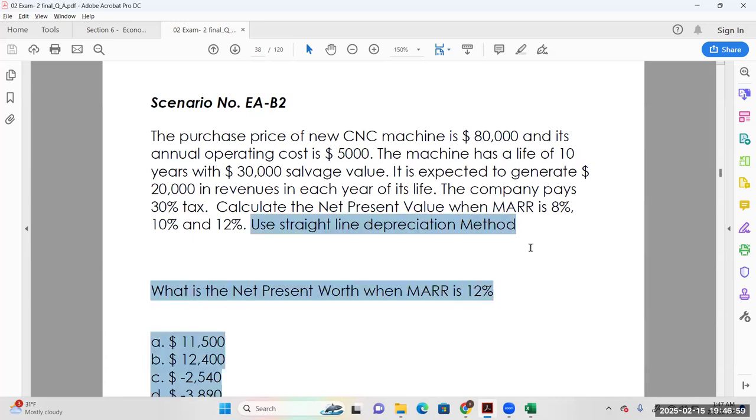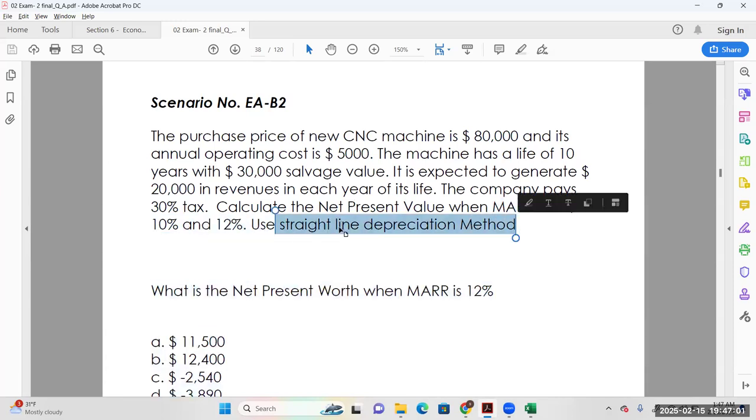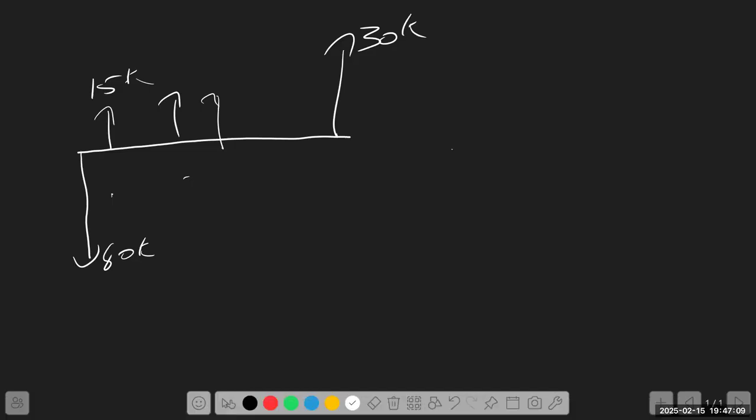Use the straight line depreciation method. We learned about depreciation in the last class, right? Here, equipment cost is 80,000. 30,000 is my salvage value, right? So 50,000 is getting depreciated over 10 years. So purchase cost 80K minus 30K is equal to 50K.